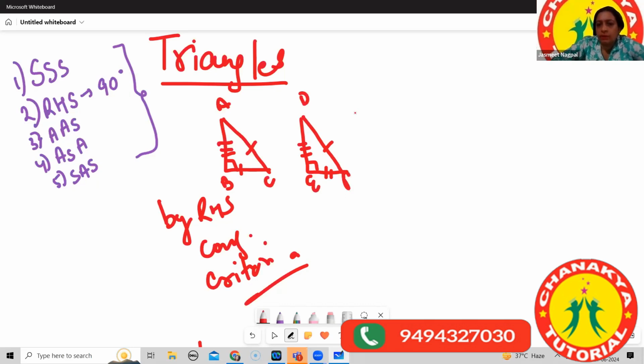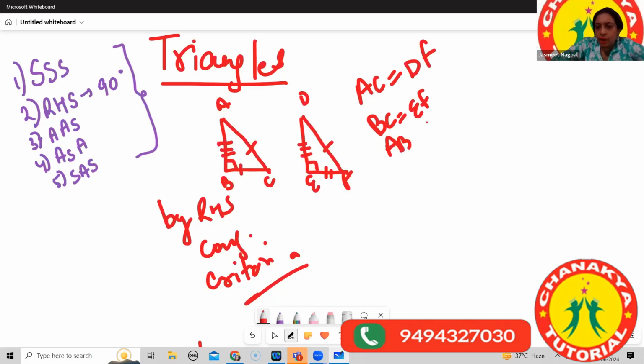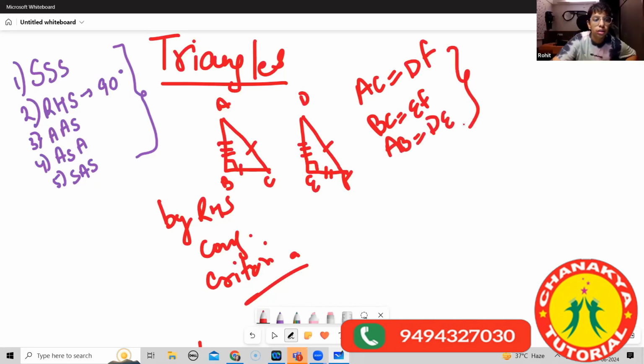So you will write like this: AC is equal, hypotenuse is equal to hypotenuse, base is equal to base, and perpendicular is equal to perpendicular. But this is not SAS or ASA, because this is only applied for right angle, right? Yes, yes.